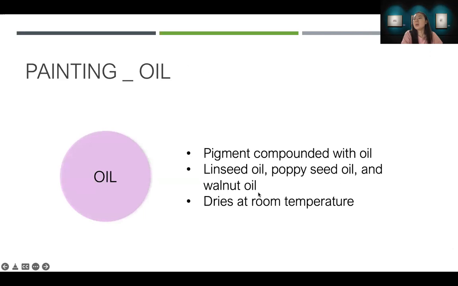And today, commercial manufacturers of artists' colors often grind the darker pigments with linseed oil and the light pigments such as white and yellow with poppy seed oil or sunflower oil, which do not yellow over time as linseed oil tends to do. What all these oils have in common is that they will dry at room temperature, leaving the pigment particles suspended in a transparent film.